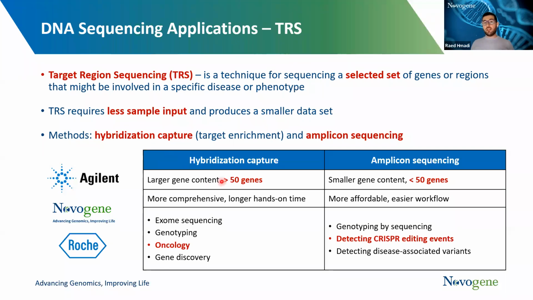So you can design a panel for more than 50 genes, for example, and say, okay, I'm interested in sequencing only these genes. Or you can say, not only genes, but also genomic regions, such as the promoter or a regulatory element, such as an enhancer.